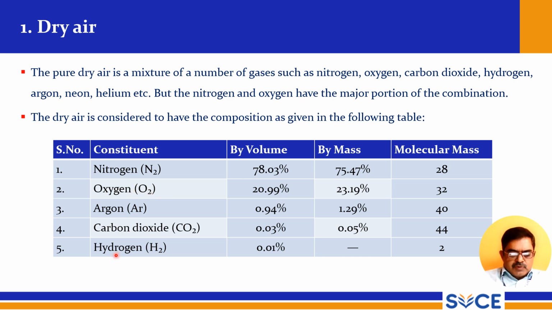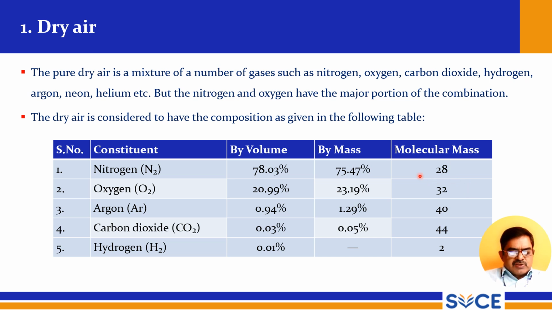Apart from this, we have many compounds in very small quantities, and we are neglecting them here. But the major contribution is from nitrogen. By volume it is 78.03 percent, by mass it is 75.47 percent, and the molecular mass is 28.